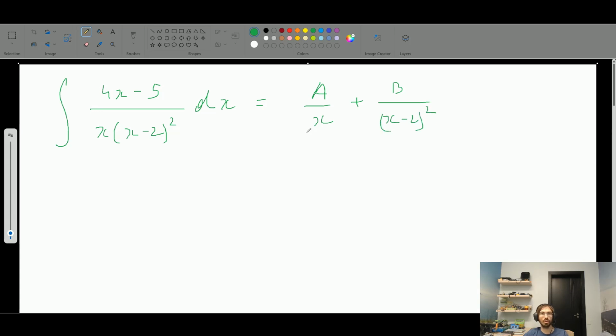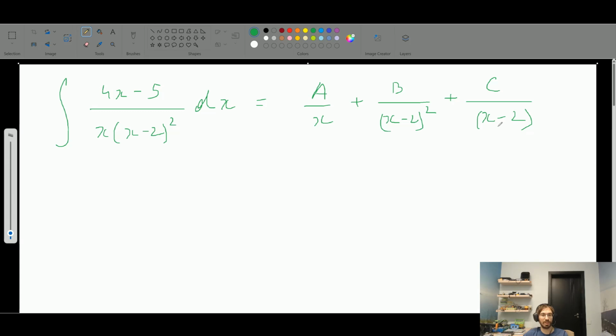But it does not work this way, because in order to identify A and B in the unique way, you need a third fraction, which is C over x minus 2 without any power. So if you have a repeated root, you are likely to have to write 3 fractions.